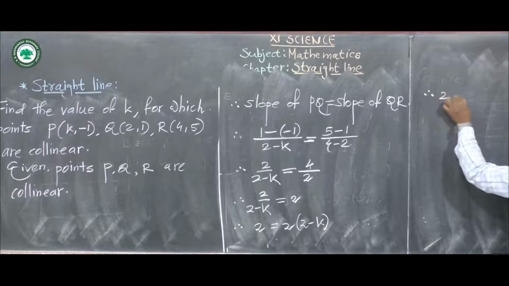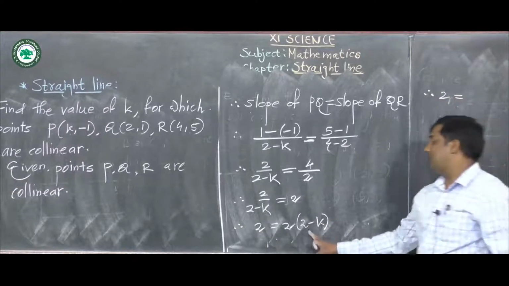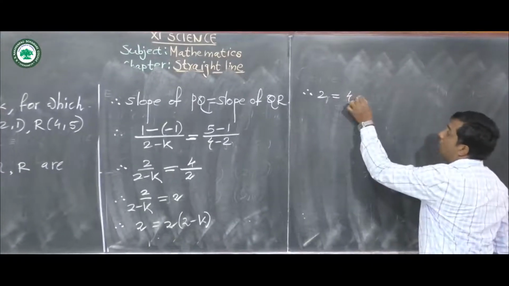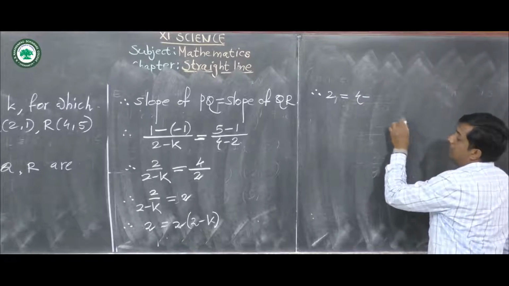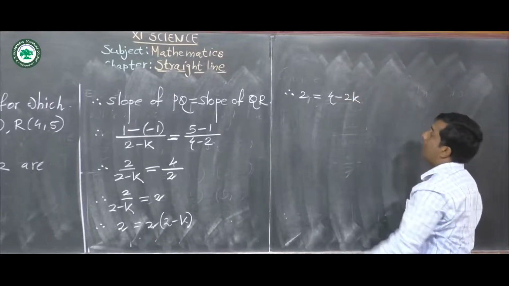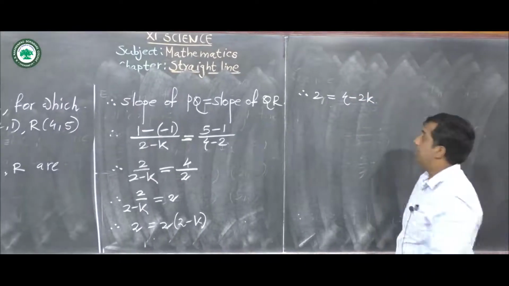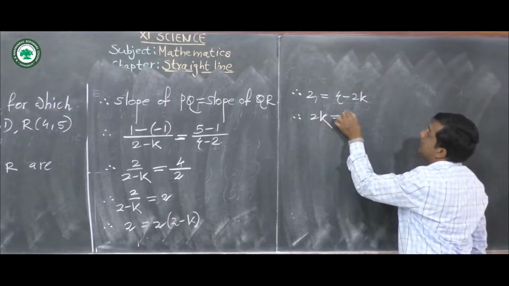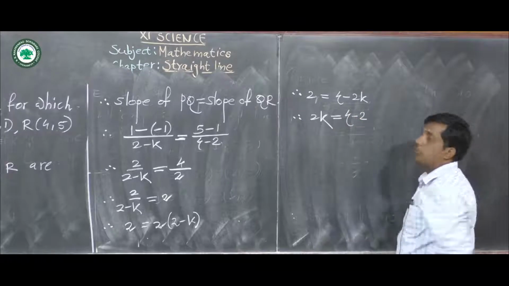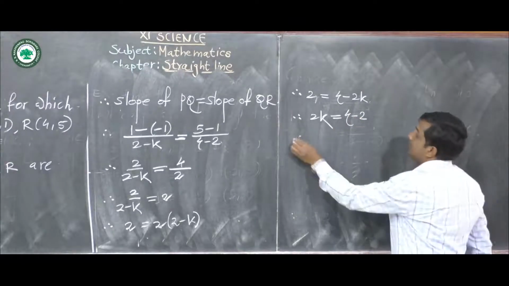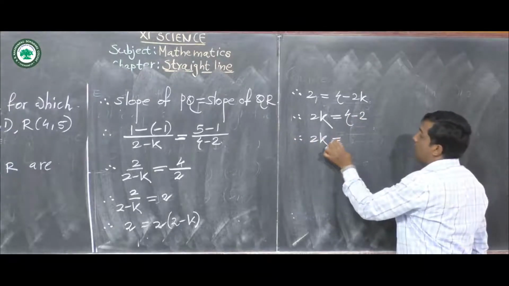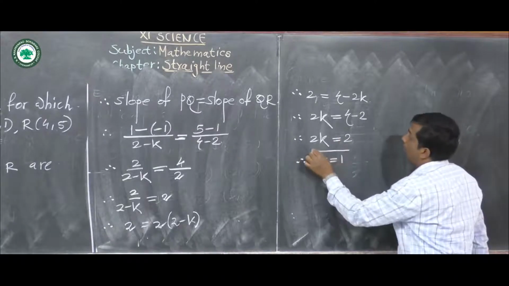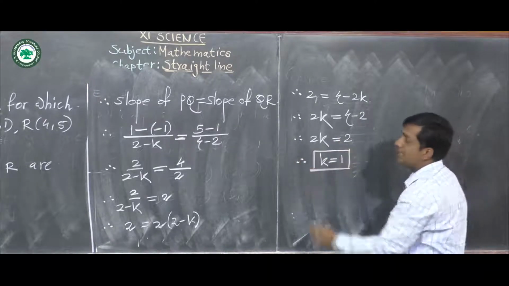Multiplying the bracket by 2, we get 4 minus 2k. Therefore 2k is equal to 4 minus 2, and in the last 2k is equal to 2. That is, the value of k is 1.